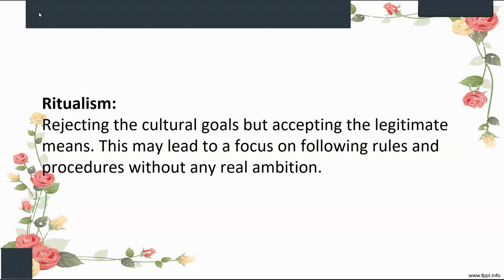Ritualism means there are persons who reject cultural goals, but they accept legitimate means. There are such people. They follow rules, social rules. They don't violate them, but they don't have real ambition in life. So there are such people also.